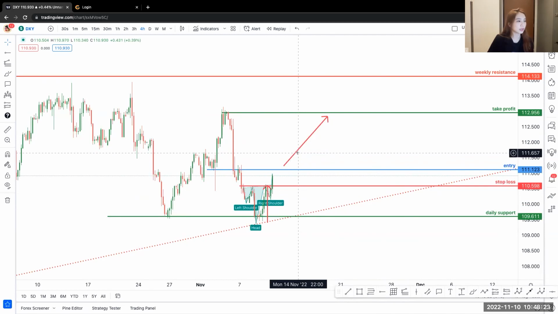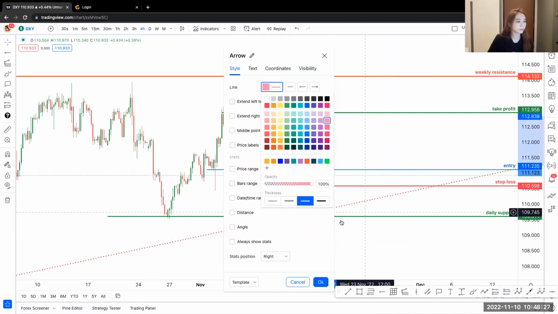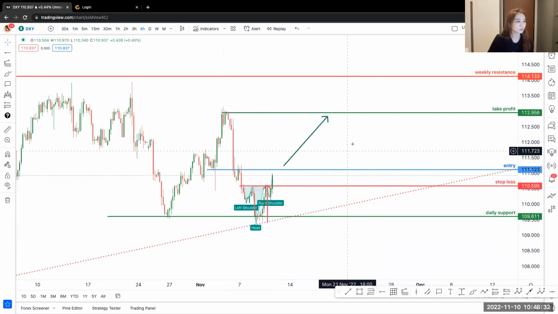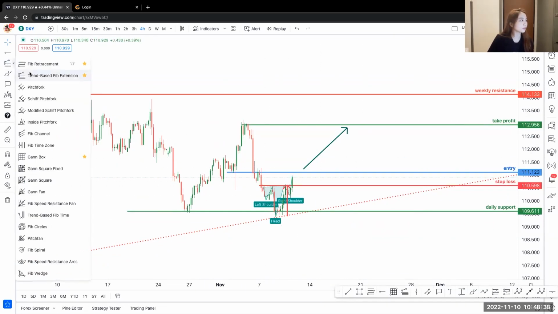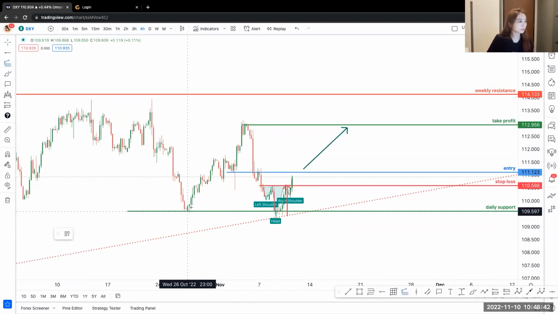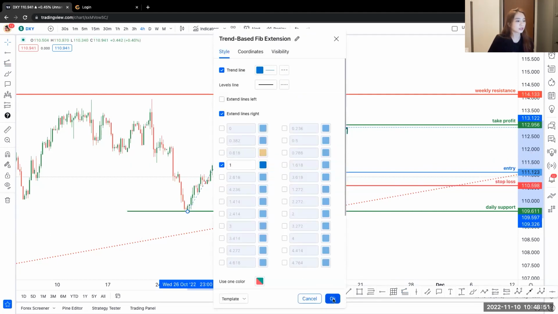If this is the possibility we are looking at, let's bring in some of the Fibonacci levels. We can see our take profit is actually very nicely in line with our 100% Fibonacci projection.